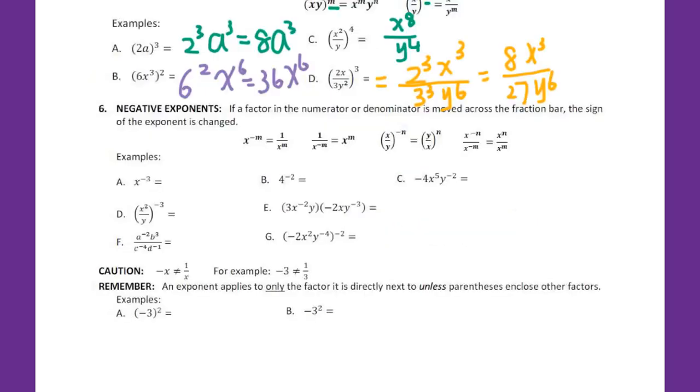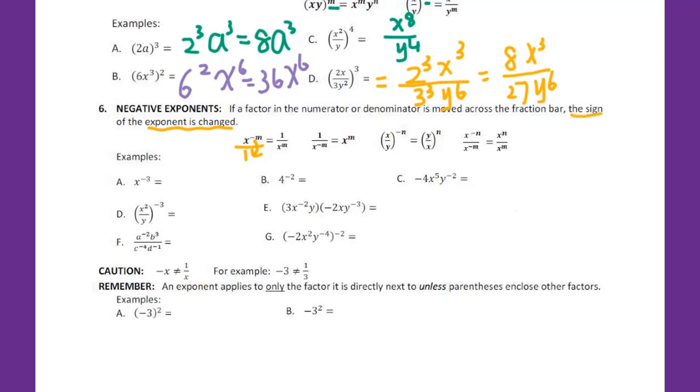For negative exponents, basically we flip the numerator and the denominator. For example, x to the negative mth power, I can write down 1 over x to the mth power. Then put over 1, then drop down. Then you need to change the sign of the exponents.